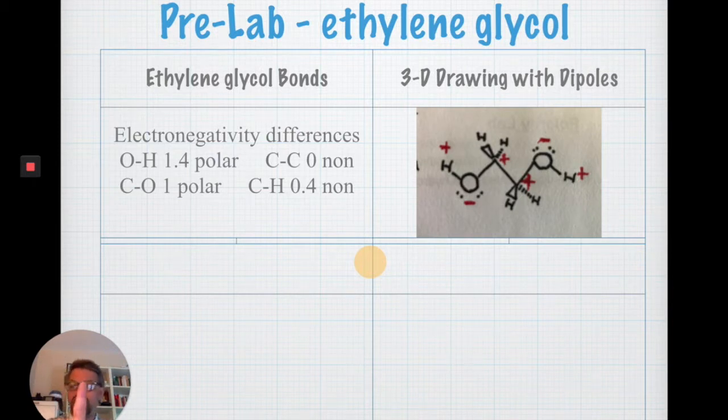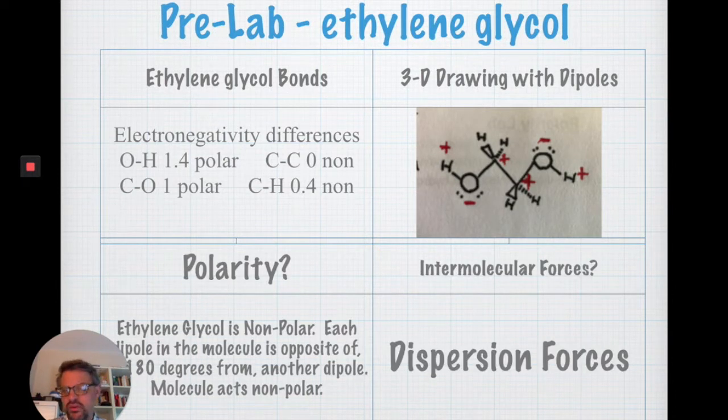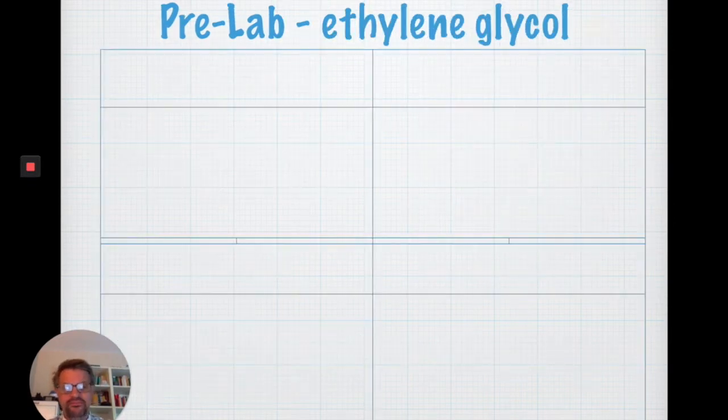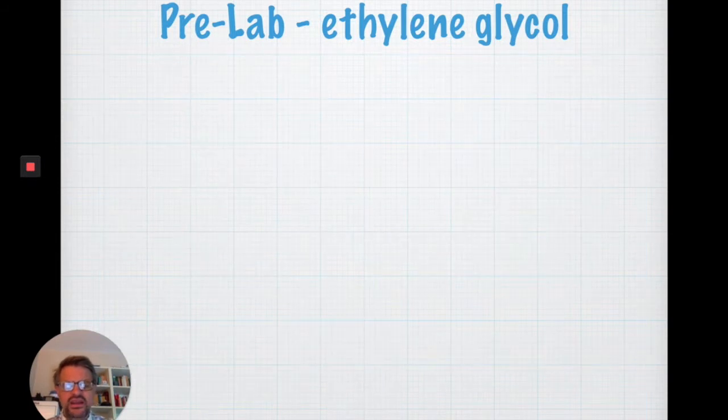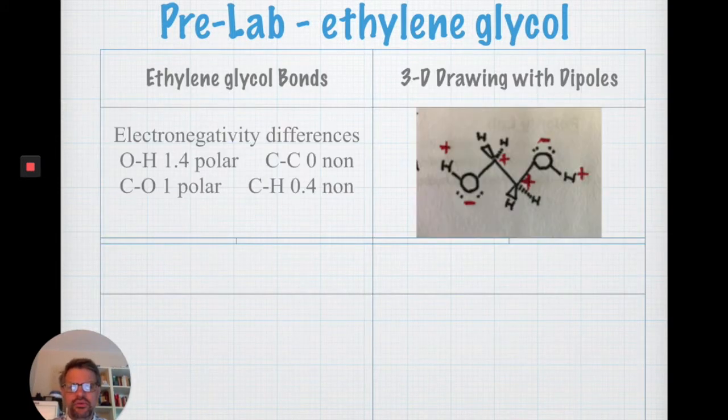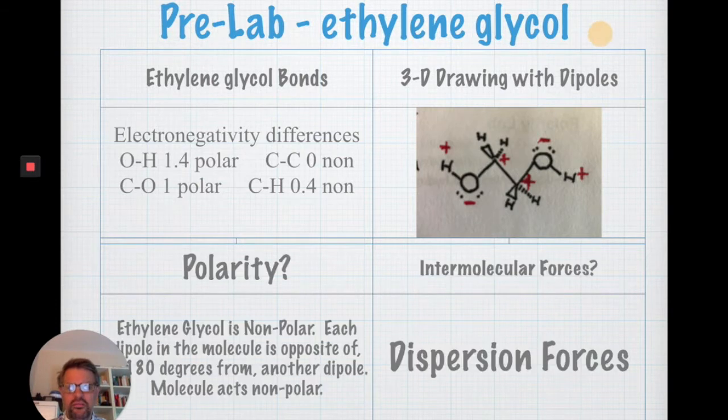Okay. The question, is this molecule polar, and how would molecules of it be attracted to each other? So first question, is this polar? Answer that now. So this molecule is actually nonpolar. Okay. If you're like, well, how is that? If you look at each polar bond in this molecule, they're opposite of each other.